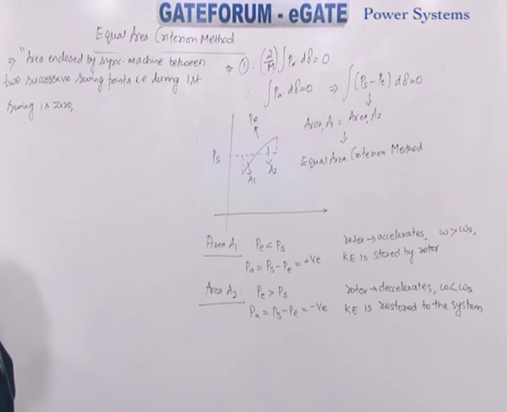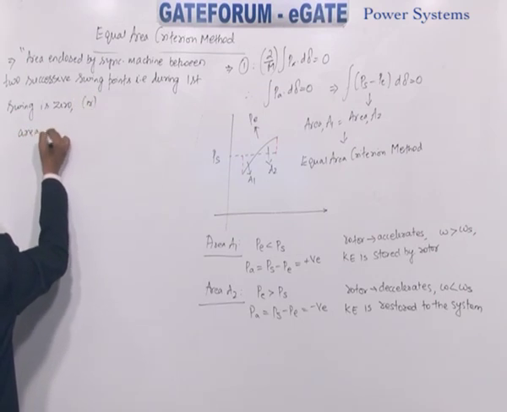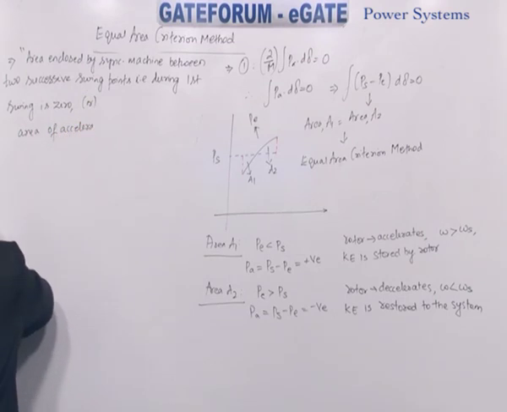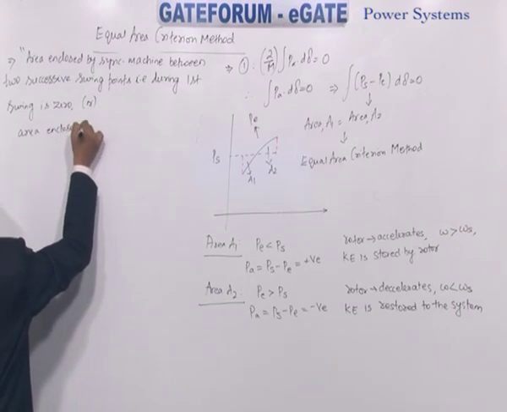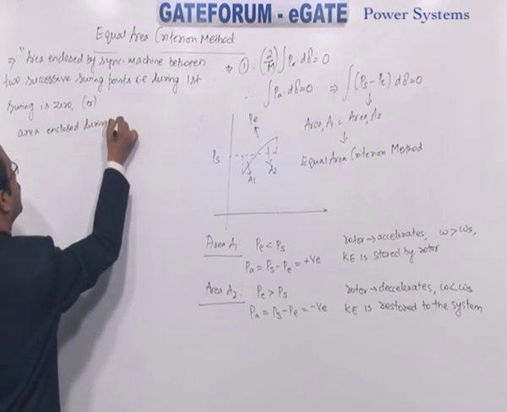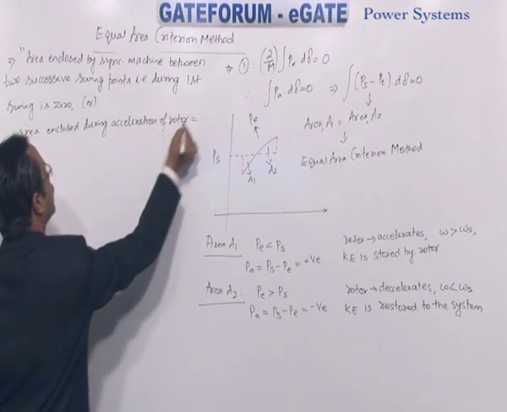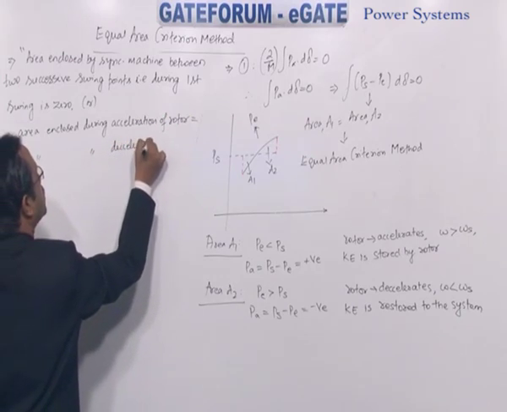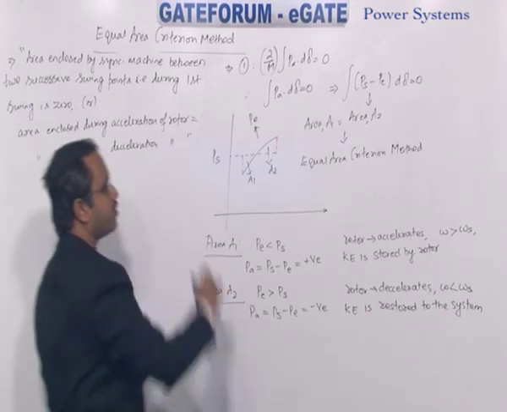Or you say the area enclosed during acceleration of the rotor is equal to the area enclosed during the deceleration of the rotor. This is what you name the statement of the equal area criterion.